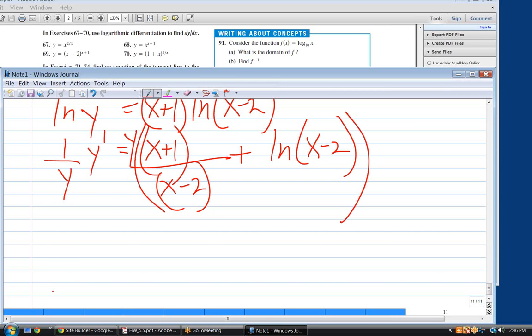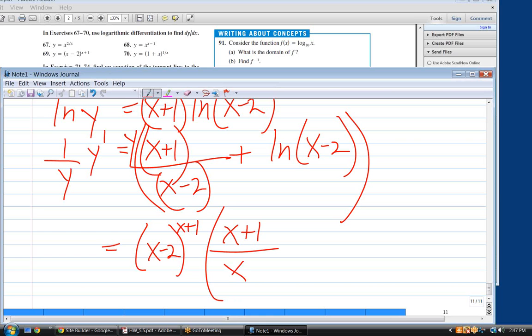And is it going to help in this case to substitute that for y? Well, it actually would help with this term right here. Notice that if I go back and substitute x minus 2 to the x plus 1 for y, and I multiply all of that, I can actually distribute it to the first term and simplify it.